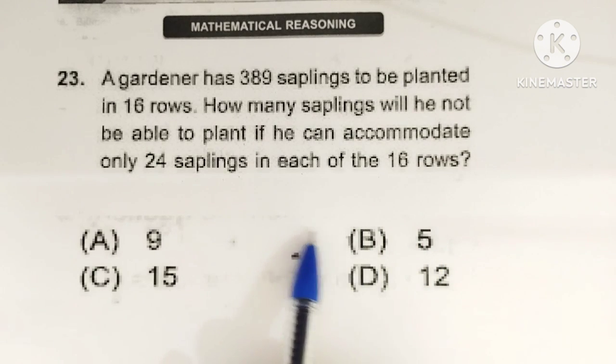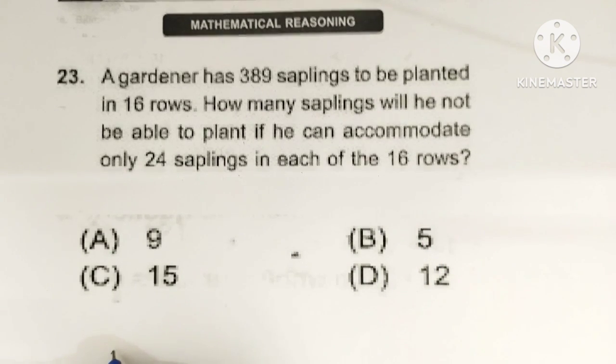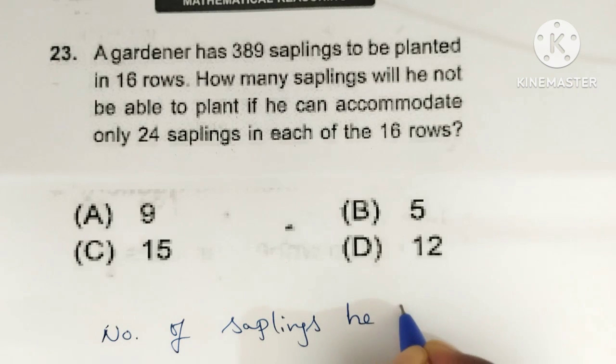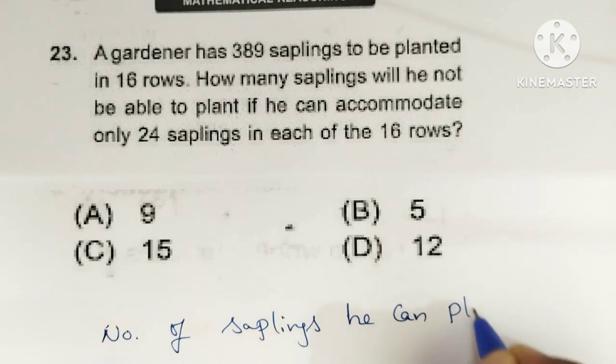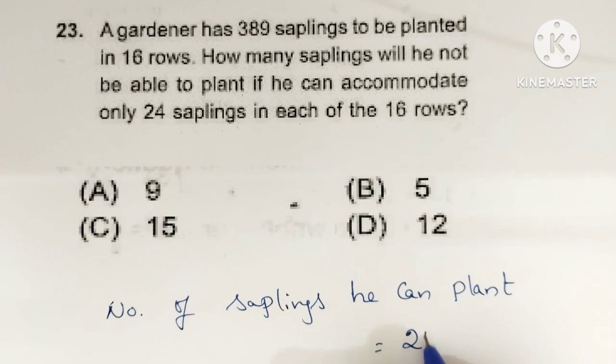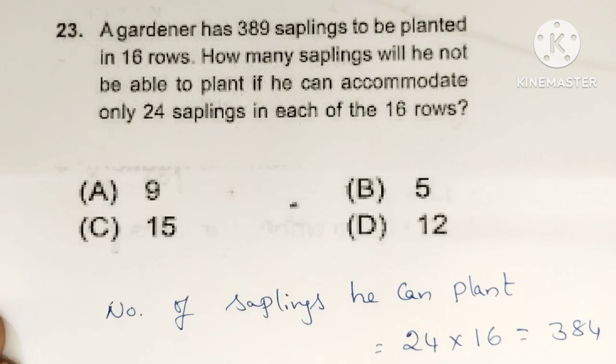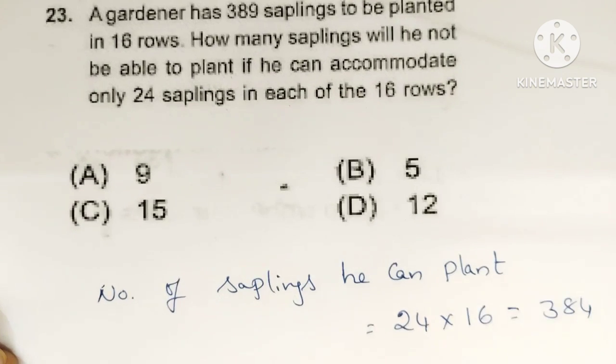So the number of saplings he can plant equals 24 saplings in 16 rows, which is 384. Only 384 saplings he planted, but the total number of saplings is 389.